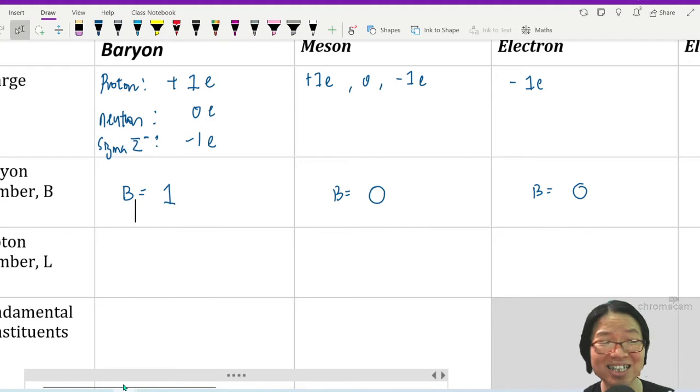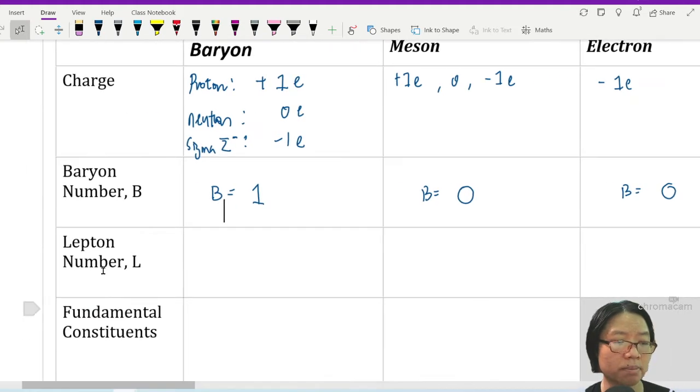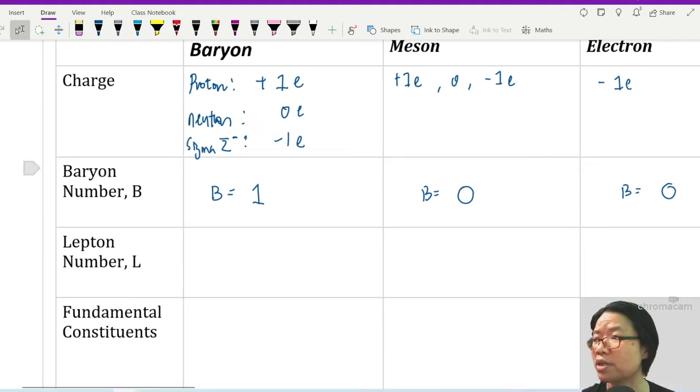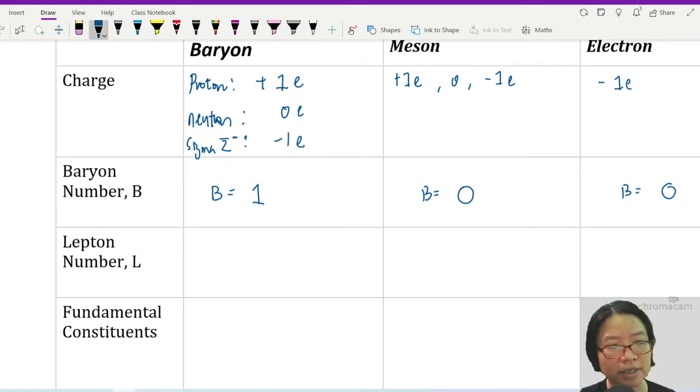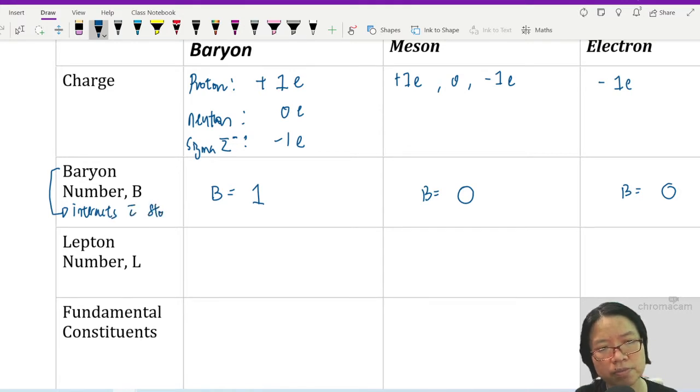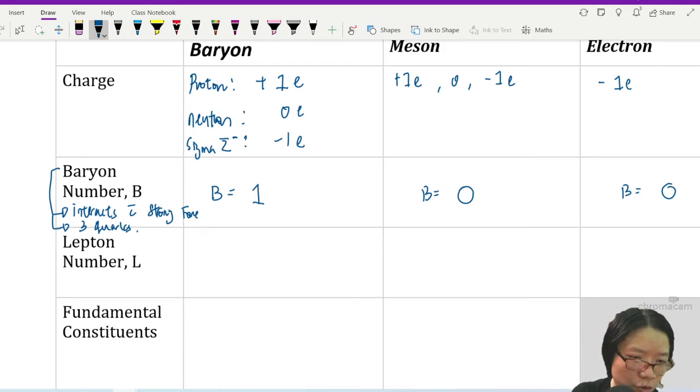The second thing that should be conserved is the lepton number. What is lepton number? A baryon is not a lepton. So again, just to remind you, this baryon interacts with the strong force, and it consists of 3 quarks. The lepton here does not interact with the strong force. So this lepton number is 0.